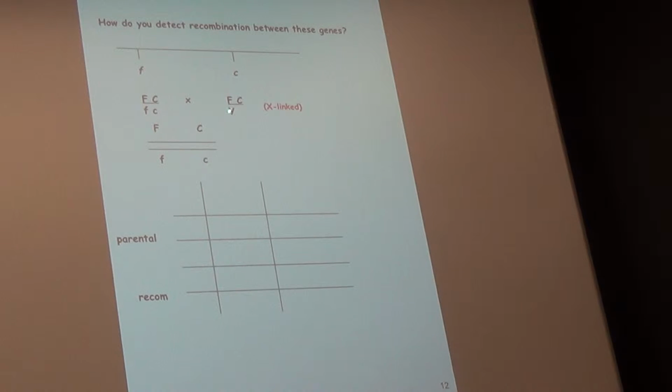You really don't care about whether there is recombination in the male Drosophila in this class. The reason you don't care is because it's an X-linked gene and the chromosomes are hemizygous. So it doesn't matter if there is or isn't any recombination in the male.